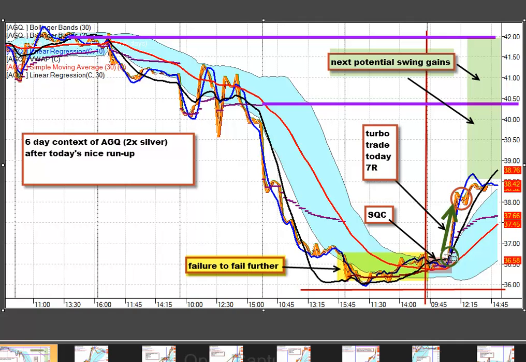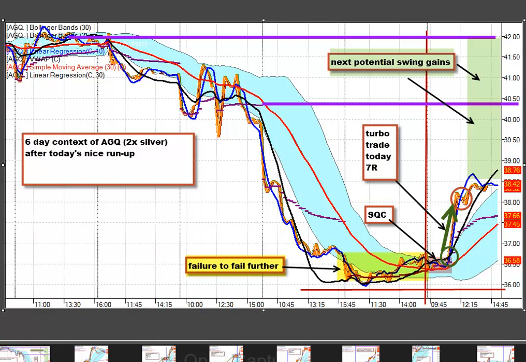I was willing to use a 50-cent stop around 36.20, way down in here a little above the red line. With the turbo trade, however, I'm able to play that with about a 20-cent stop, and that turned out to be a pretty nice trade for us.